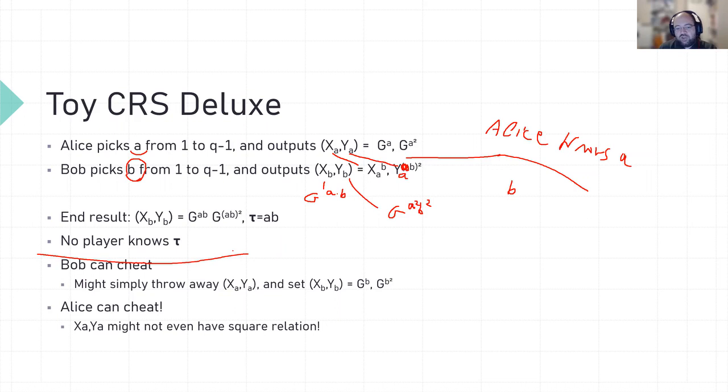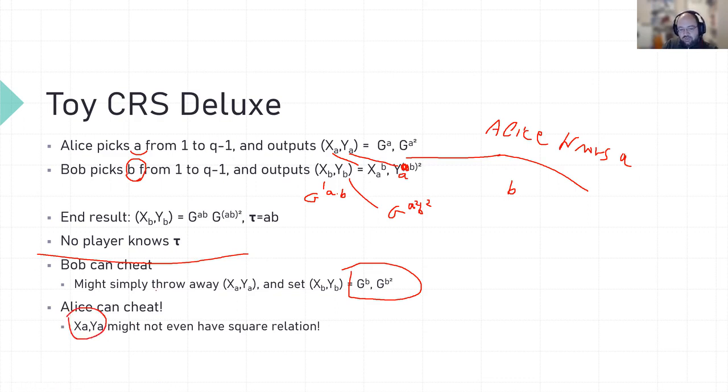So how can people cheat? Well, Bob is supposed to take Alice's reference string and just raise to the B and raise to B squared. But what he could do is simply throw everything away and just replace what Alice gave him with something that is completely under his control. And then he would know the secret. So Bob is allowed to cheat, and also Alice is allowed to cheat.